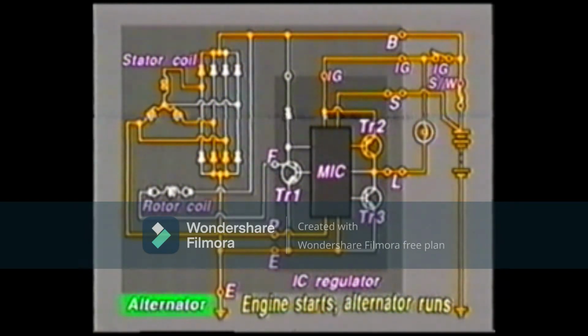On sensing this, the MIC turns transistor TR1 on again, allowing current to pass through to the rotor coil. In this way, the generated voltage is kept at a uniform level by the intermittent sending of current to the rotor coil by transistor TR1.